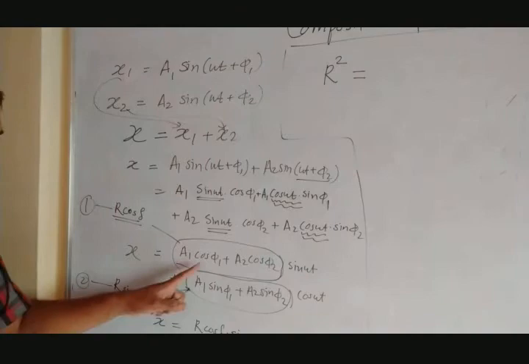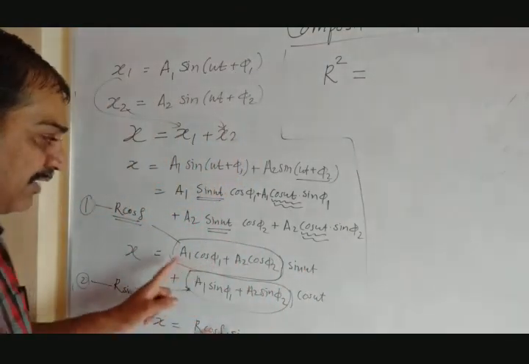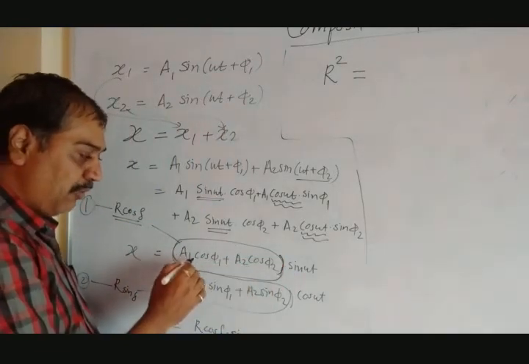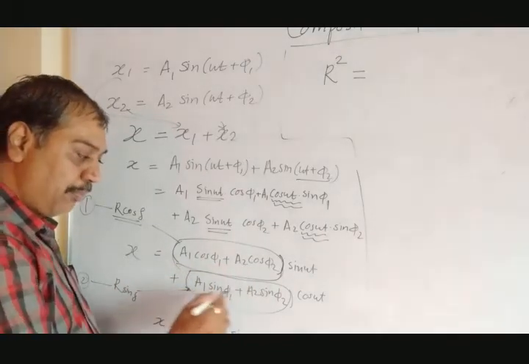Let's go to the right hand side. This square plus this square, I will write that. So this term a1 cos phi 1, the whole bracket squared, is what? a square plus b square plus twice ab. Similarly, this would be a square plus b square plus twice ab.